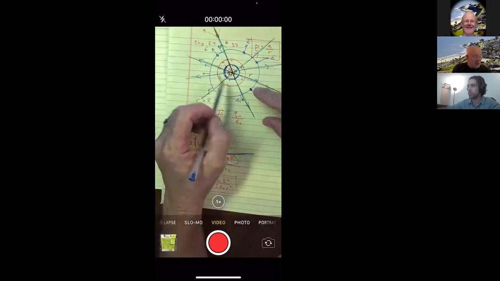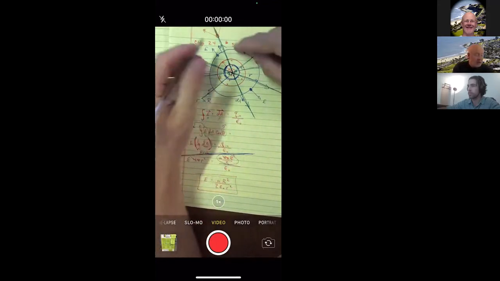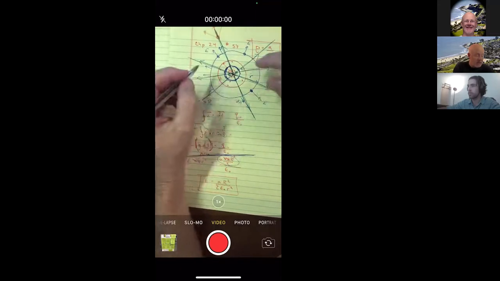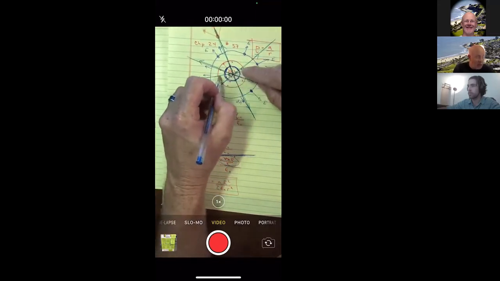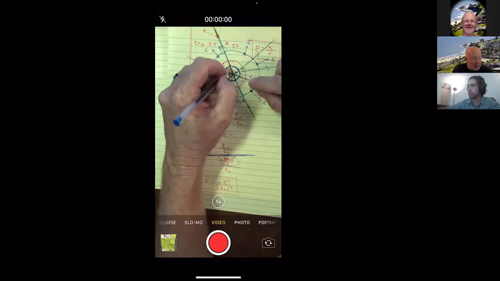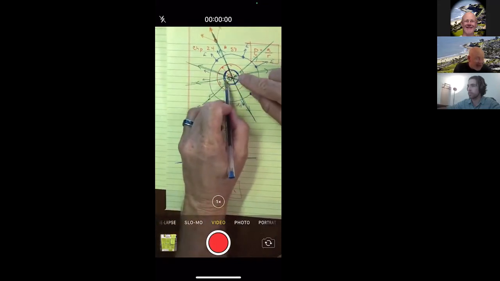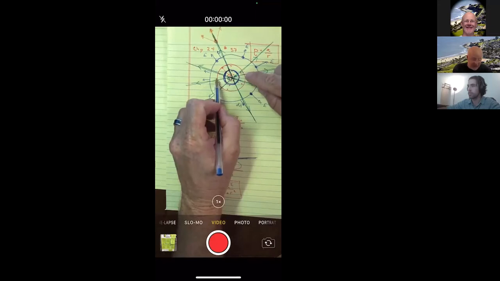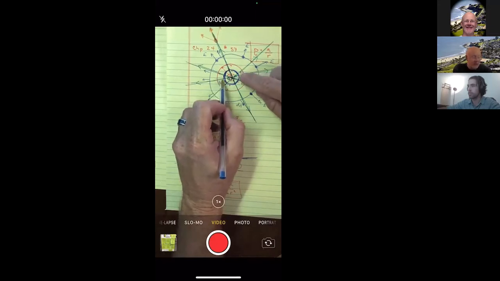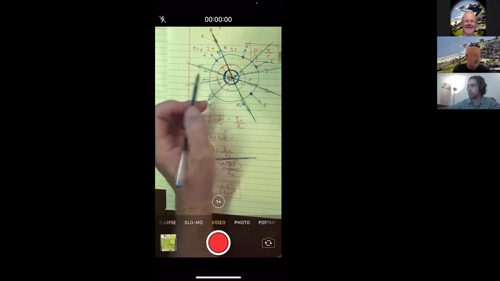Because what I just did with the Gaussian surface on the outside is I did the whole ball to get all the charge. But now with a Gaussian surface that's inside of it, you would only add up to the Gaussian surface and then stop. You wouldn't go to the edge of the ball because that's not in your Gaussian surface.